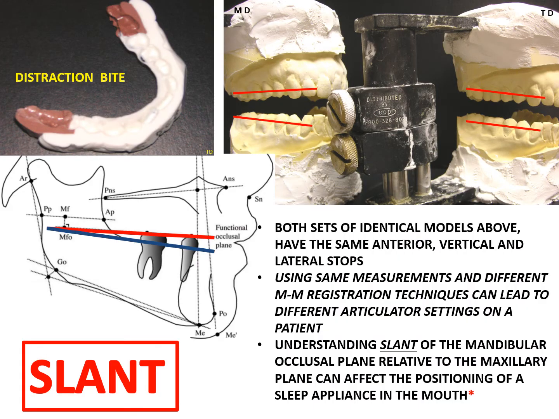Slant. The upper right photo shows two sets of identical models. The same combination of shims were used to establish protrusive, lateral, and vertical in both. Different methods of extruding registration material account for the differences in the slant of the mandibular plane angles.